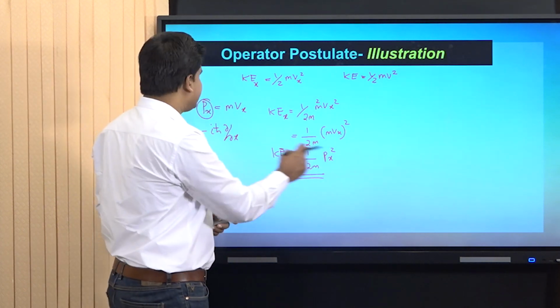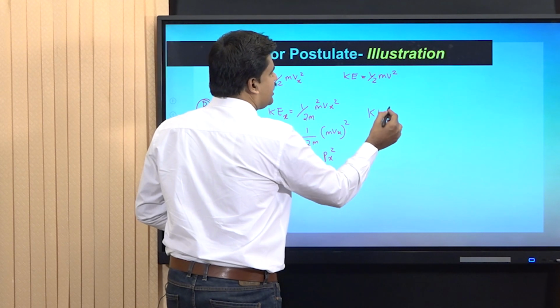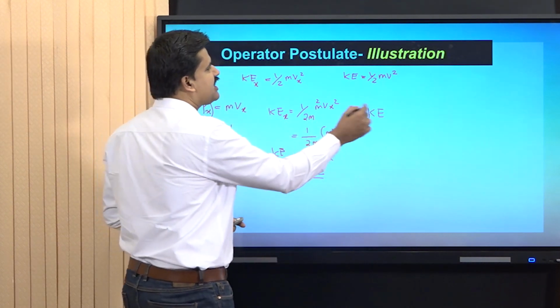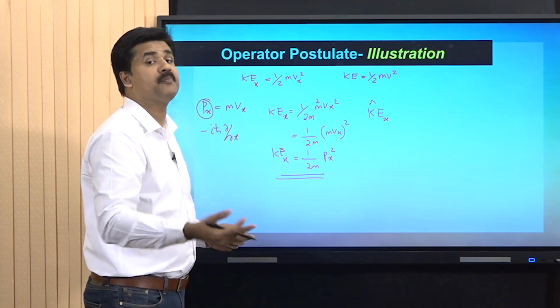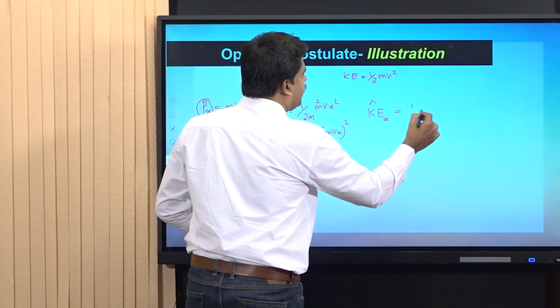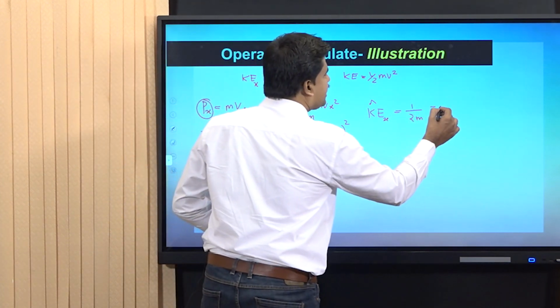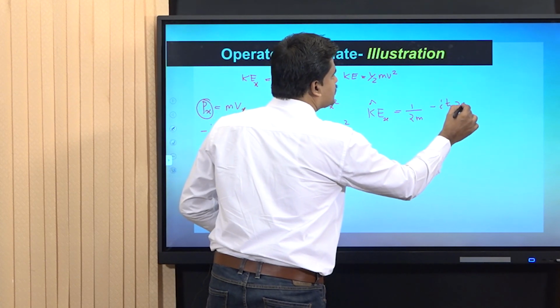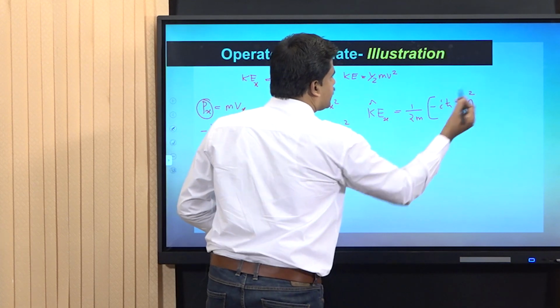If I replace Px with this quantity, I will get the kinetic energy operator, and KEx should be replaced as KEx hat. That means we get an operator, KEx hat equal to 1 by 2m, with Px replaced by minus i h cross dou by dou x, the whole square.